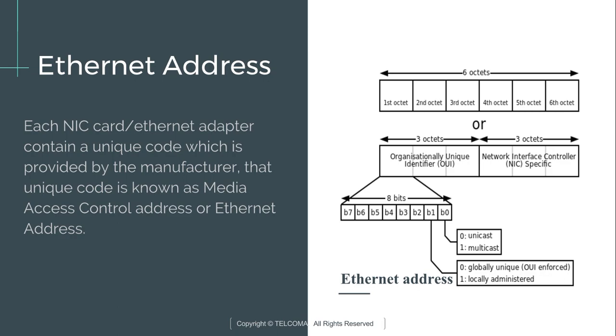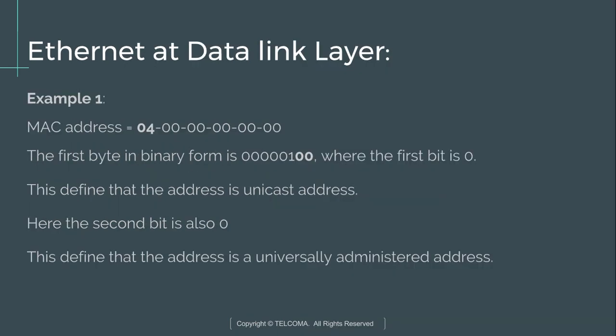The first bit of the first byte tells about the type of address, whether it is a unicast address or a multicast address. And the second bit of the first byte tells whether it is a globally unique address or a locally unique address. So each manufacturer gives a unique MAC address to the Ethernet cable or the NIC cards.